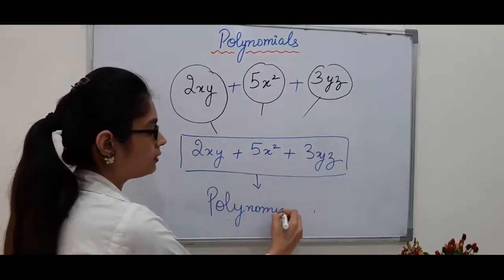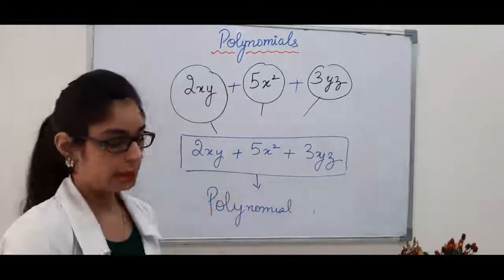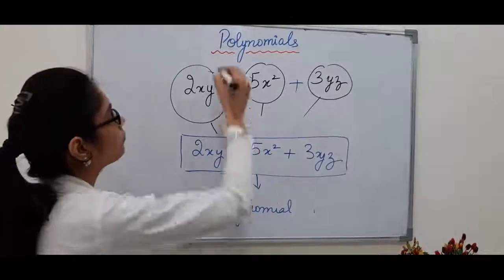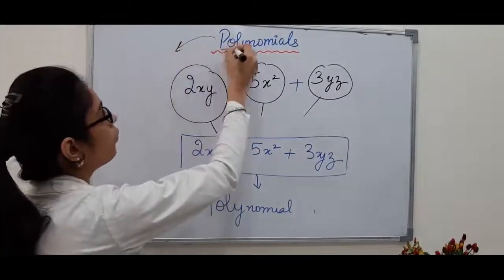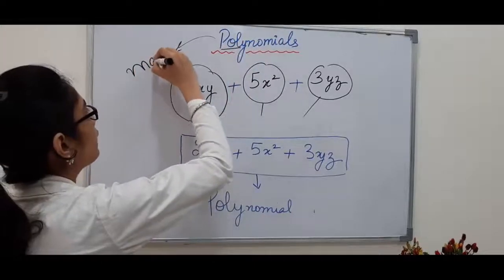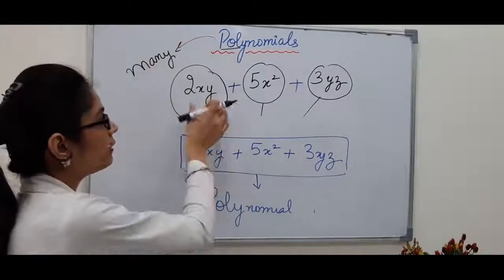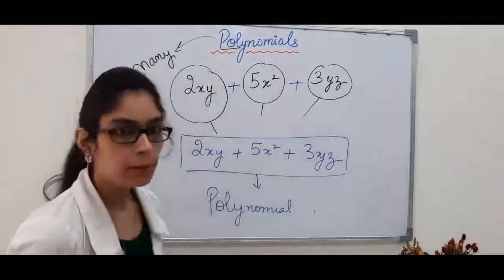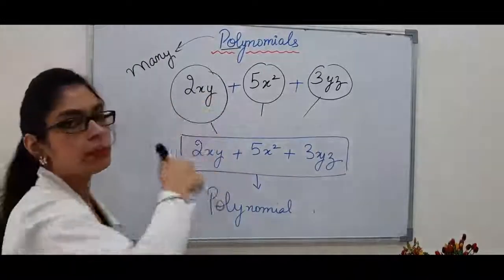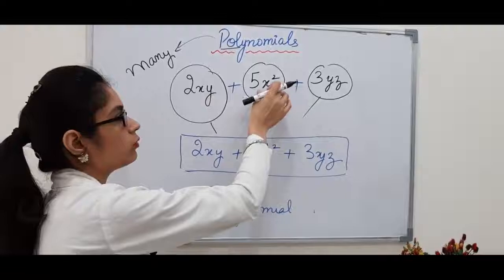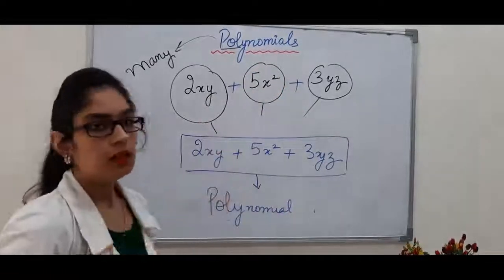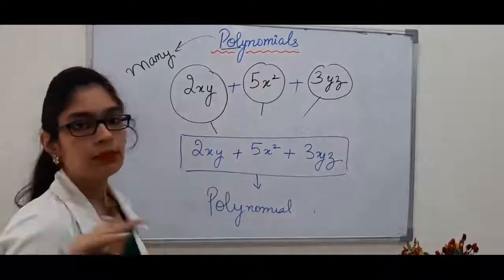See, poly means, from the term we will try to understand the meaning. Poly means many. Earlier we were dealing with only one term. This was one term and this one term is an algebraic expression. This is also one term, and we were writing these terms in single form.